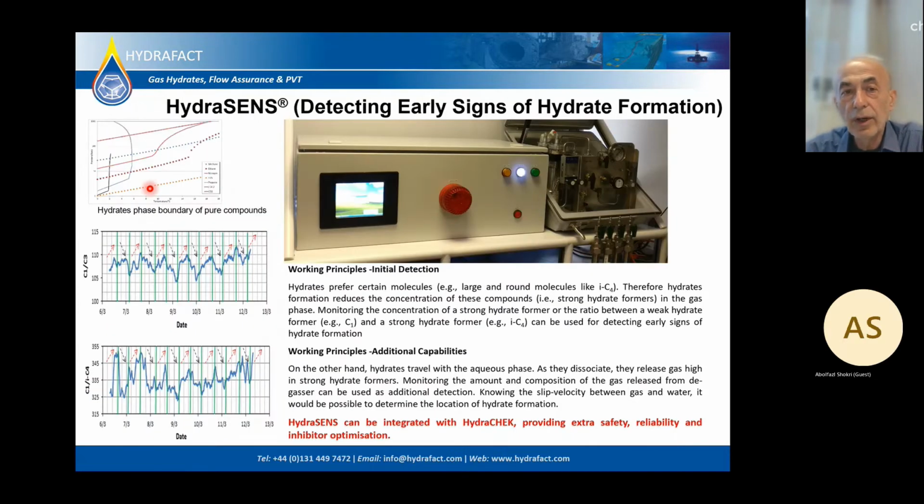The other device that we have developed within my research group at Heriot-Watt University and commercialized by HydraFACT is HydraSENS. HydraSENS is a device for detecting early signs of hydrate formation.